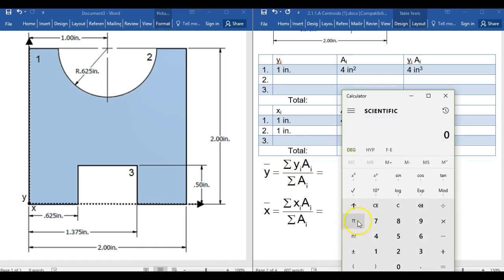So I pull up my calculator and do pi times my radius, 0.625, times 0.625 again, pi r squared. But that's the area of the entire circle. We're only talking about half of the circle, so I'm going to divide that by 2. And when I do, I get 0.614.